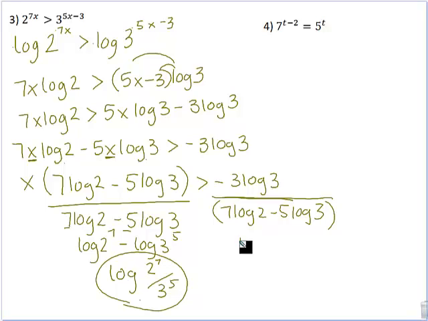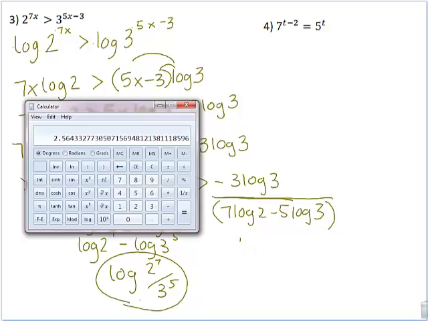So we're going to put this into the calculator now and see what we get. So we have a negative 3 times, I've got a 0 in there, hold on. Got a negative 3 times our log of 3.